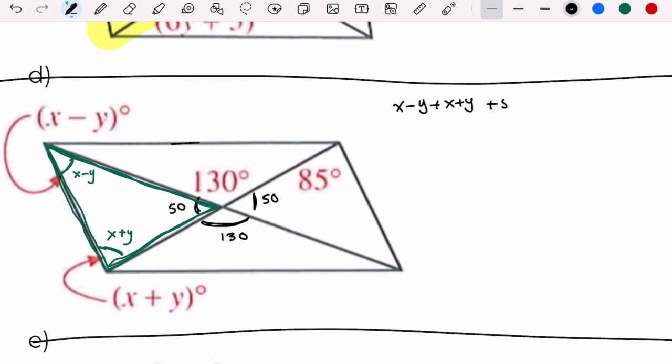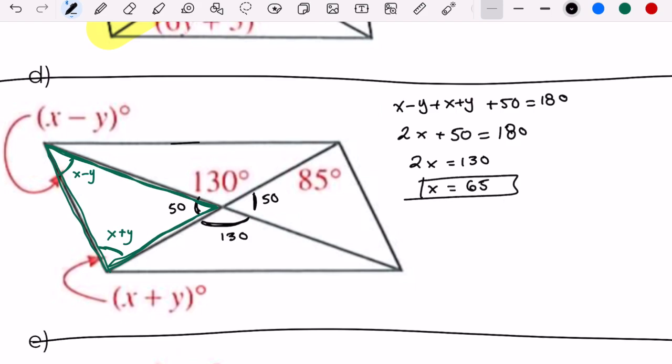So in this triangle, we have x minus y plus x plus y plus 50 equals 180. The y's cancel out, so that is 2x plus 50 equals 180. So 2x equals 130, so x equals 65.